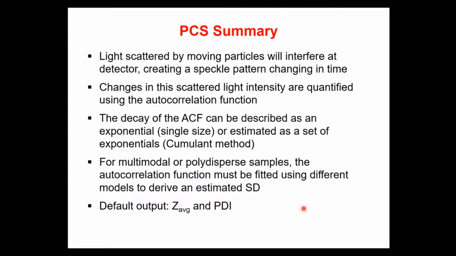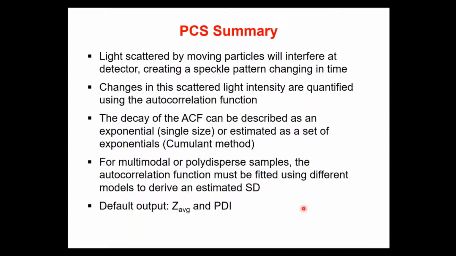So in summary, photon correlation spectroscopy depends on the light scattered by moving particles interfering at the detector, creating a speckle pattern, or a pattern of varying intensity that changes in time. The changes in this light intensity are quantified using the autocorrelation function, and the decay of that function is described as either an exponential or a set of exponentials for well-behaved, fairly monodispersed samples.